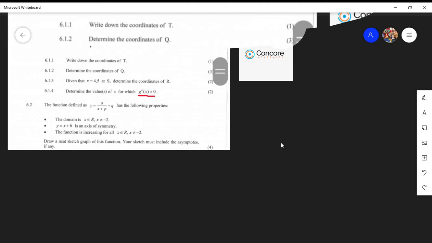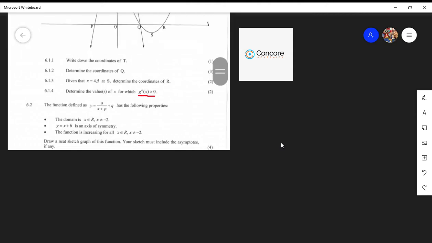Okay, so for question 6.2, it says a function defined as y is equal to a over x plus p plus q has the following properties. The domain of this function is x an element.